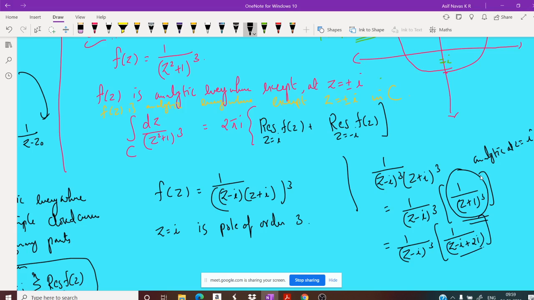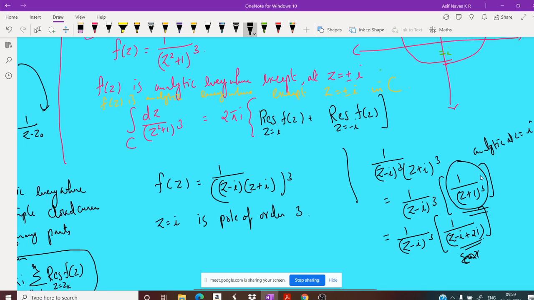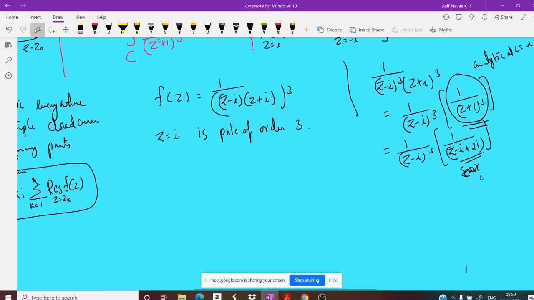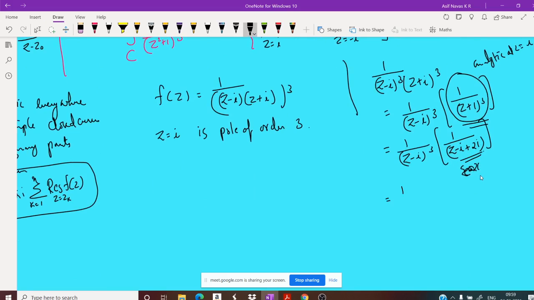Now if you expand this, you get 1 by (z minus i) all cube into, if you write 2i outside, 1 plus (z minus i) by 2i.